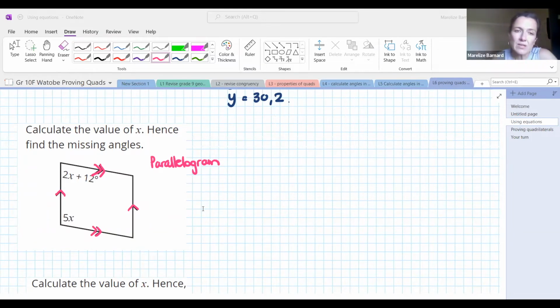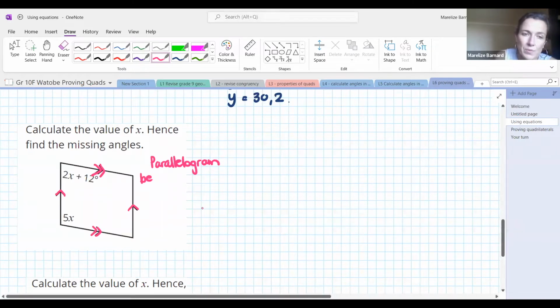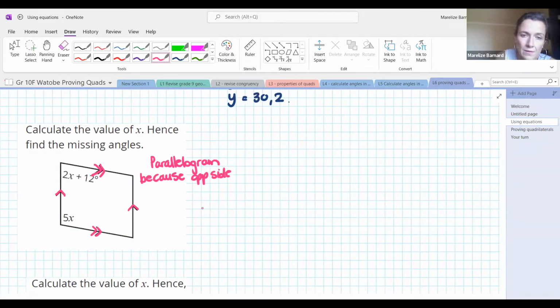So that's the only reason we can give here. It's a parallelogram because the opposite sides are parallel.